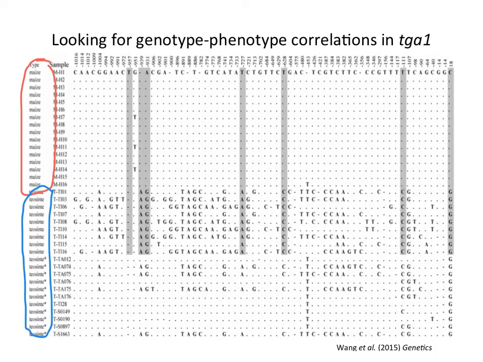And they wanted to know, is there some specific DNA sequence difference between maize, corn, on the top in red, and teosinte, its ancestor? Is there some mutation that can explain how all of a sudden we went from this tiny little plant where the fruits are all covered up to corn where the fruits are a lot larger and they're exposed and they're easier to get access to for us?